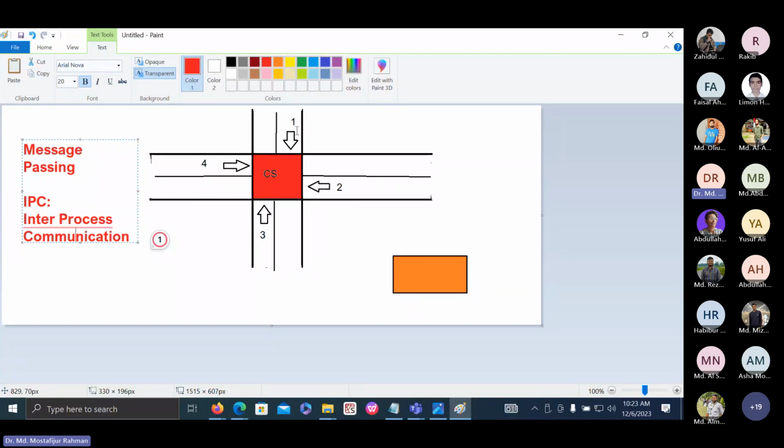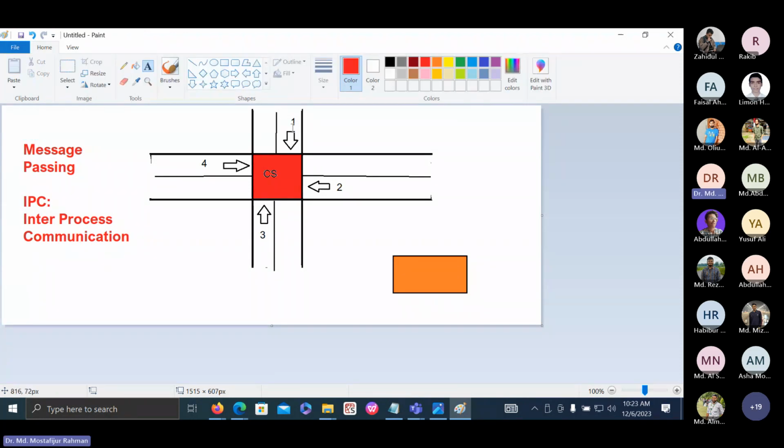For example, here we don't have any traffic light. Sometimes the traffic light is broken. So the traffic police always wait here in the middle.